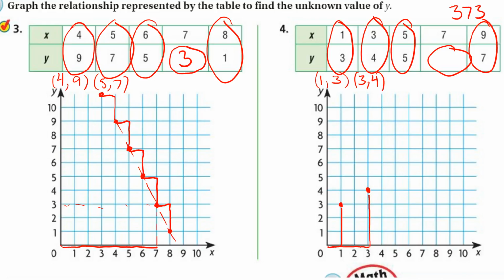Okay, 5, 5 is my next ordered pair. So I run over 5 and I rise 5. Okay, I don't know 7 yet, but I can do the next one, 9, 7. The X values are always first.